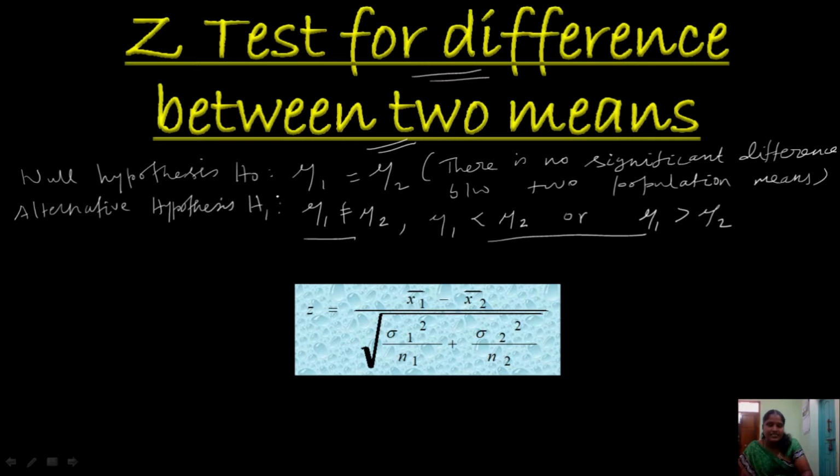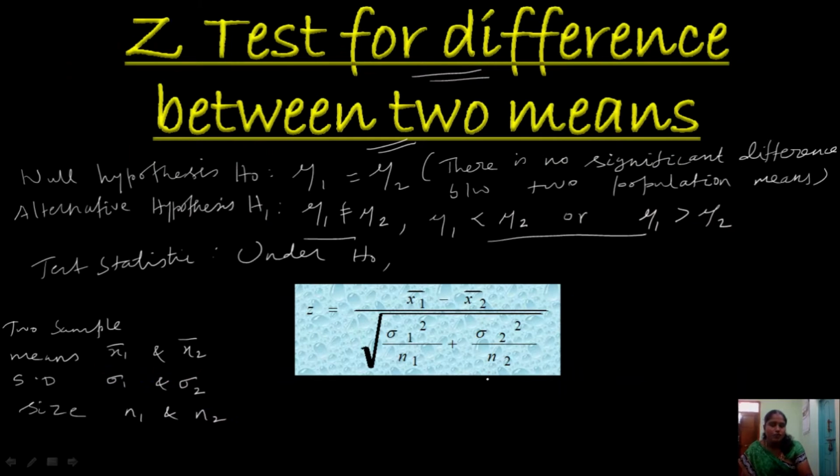Our test statistic used here, under H naught, is Z equal to x1 bar minus x2 bar over the square root of sigma 1 square over n1 plus sigma 2 square over n2.